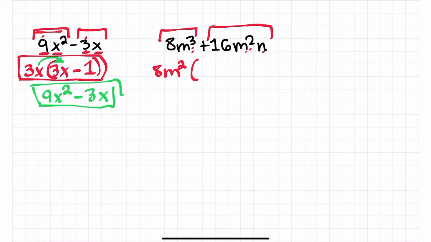So now 8m squared times what will give me 8m to the third power? It would just be simply an m.